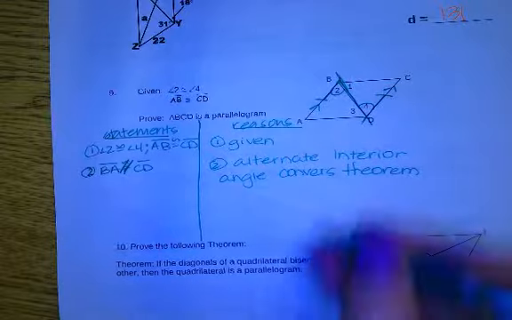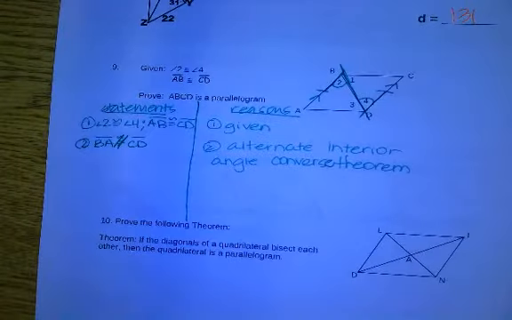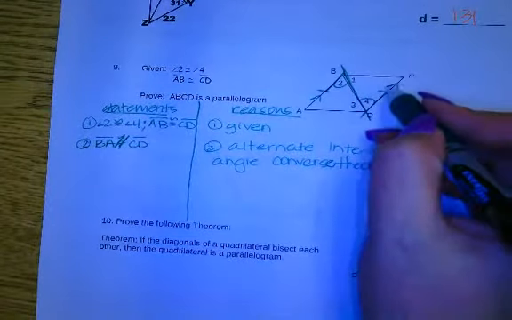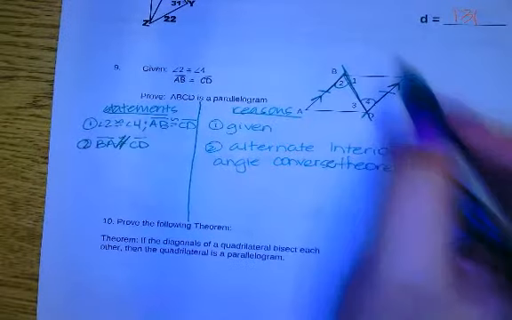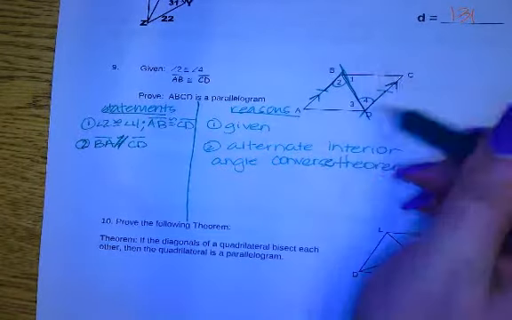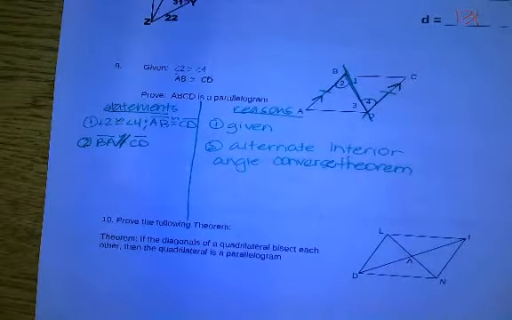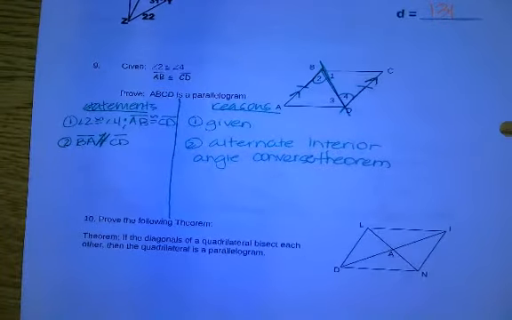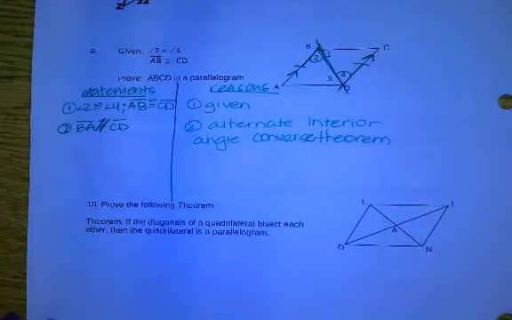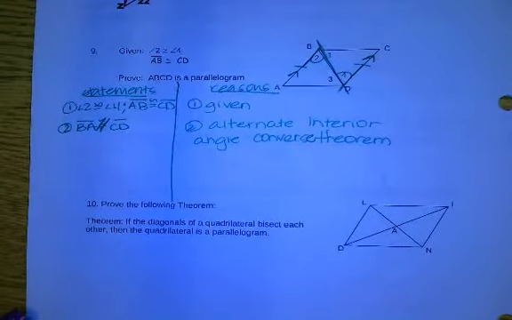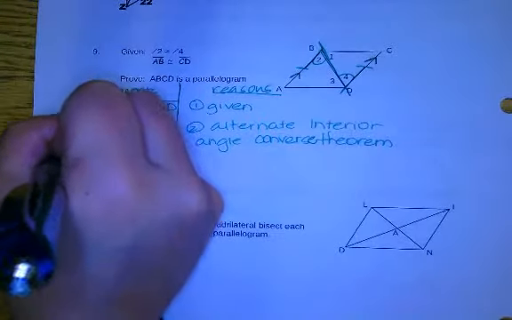Okay, so now I've marked my picture. We know that AB is congruent to CD and AB is parallel to CD. So looking at your pink sheet, where do we need to go next? Prove ABCD is a parallelogram. Okay, and why is that?